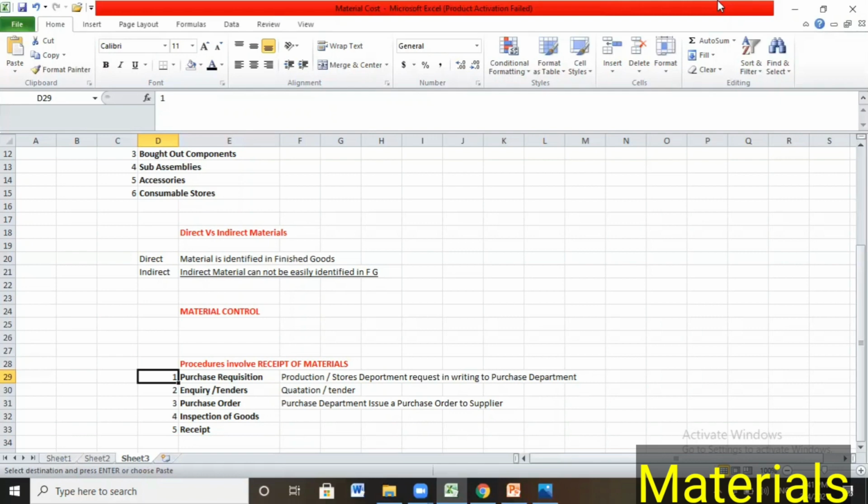In case the item cannot be procured through any of the above sources, the purchase department has to invite tenders or quotations from a number of parties.